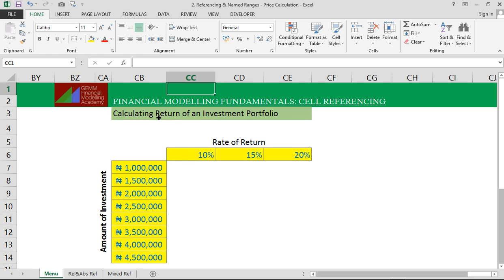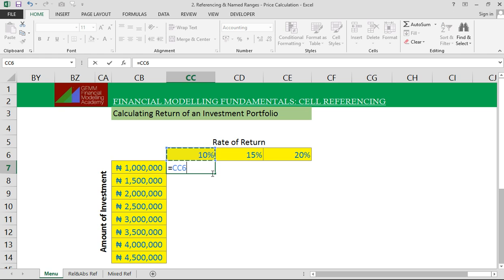So this is calculating the return of an investment portfolio. We have return on investment, and we have the amount of investment. So let's calculate the absolute return on investment by multiplying the rate of return by the amount of investment. So here we have 10% multiplied by 1 million naira.